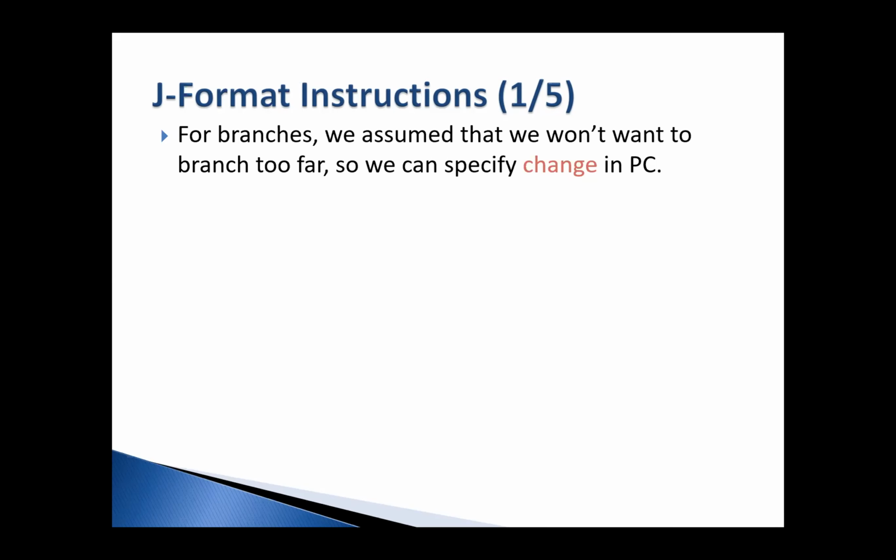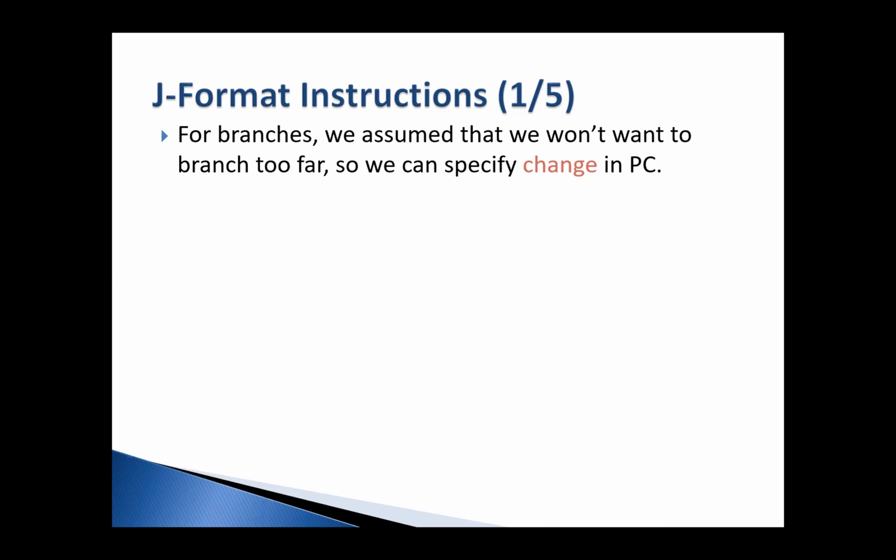Okay, so in J format, give me an example. What is J format? J, right? J and then the label, or JAL if you want to call a function. So by now, hopefully you can tell the difference between J and JAL. With J, you are just going there. That's all. It doesn't do anything else.